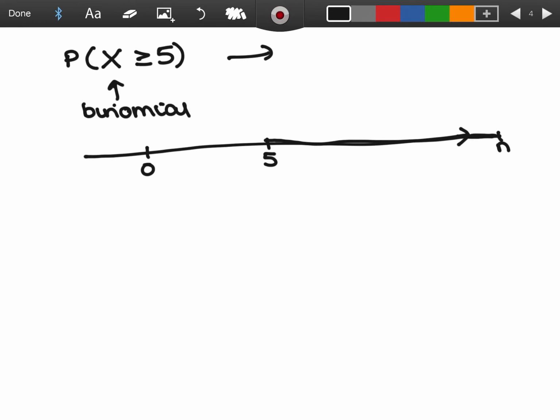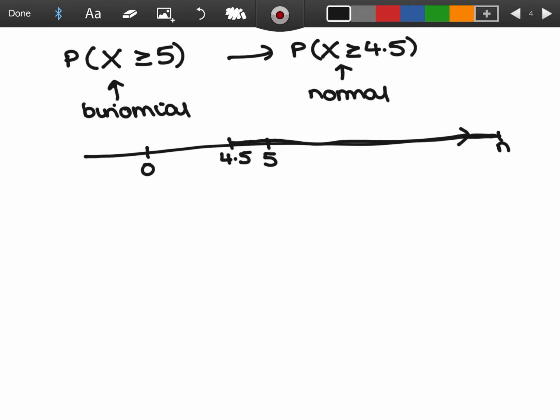Again, we want to make the set larger. So this time, I'm going to come back here to 4.5, okay? Anything 4.5 or greater rounds up to 5, okay? So when I go over into the normal distribution, I want the probability that x is greater than or equal to 4.5.